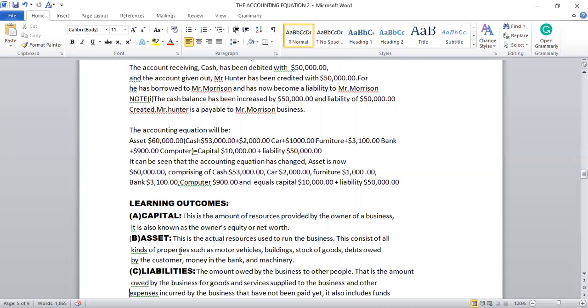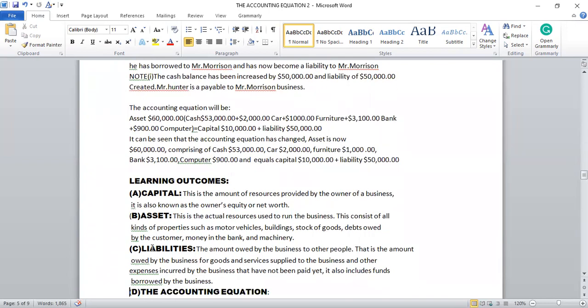When we say asset in accounting, it means the actual resources used to run the business. This consists of all kinds of properties such as motor vehicles, building, stock of goods, debt owed by the customer, money in the bank, and machinery. C, we also know what is liability in accounting.